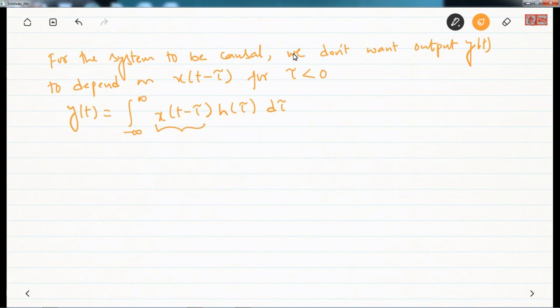This tau varies from minus infinity to plus infinity, and for tau less than 0, x of t minus tau corresponds to future values of the input signal.